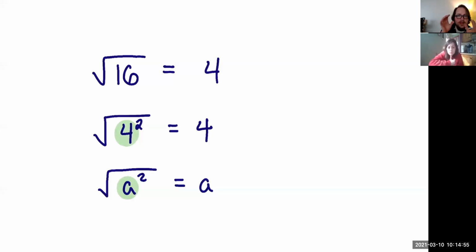If we had something where there was a +3, to make it disappear, we would do a -3. So anytime you see something being squared and you don't want it to be squared anymore, take the square root of it and it gets rid of the squared component. So it's all about undoing what's being done. So good question. Thank you. You're welcome.